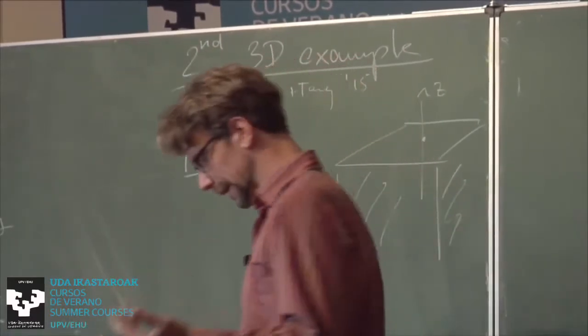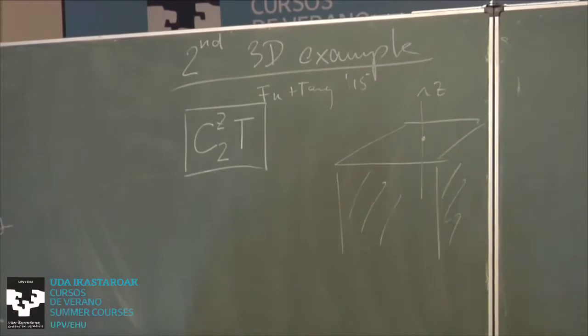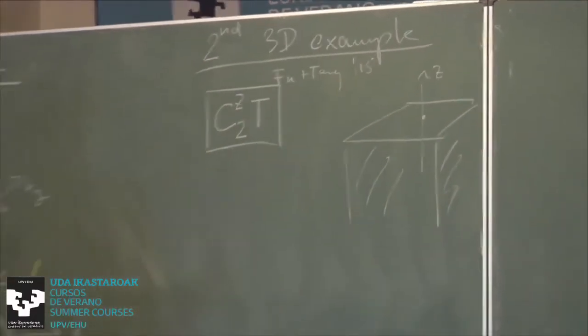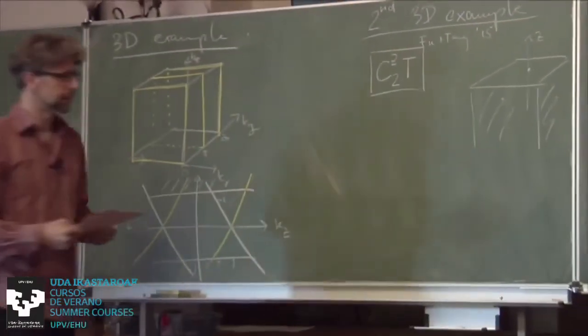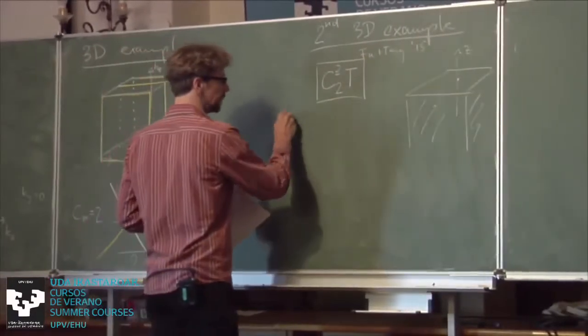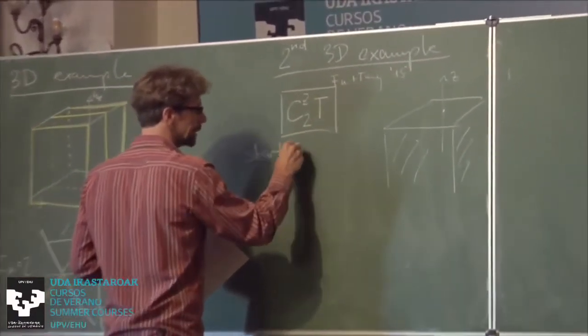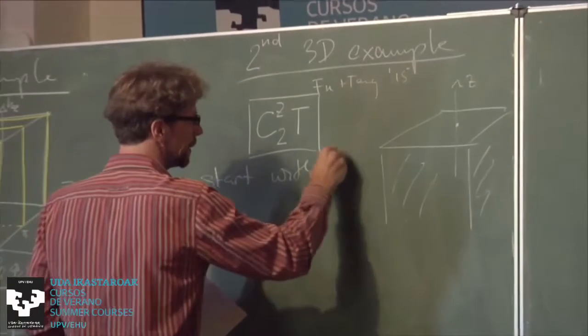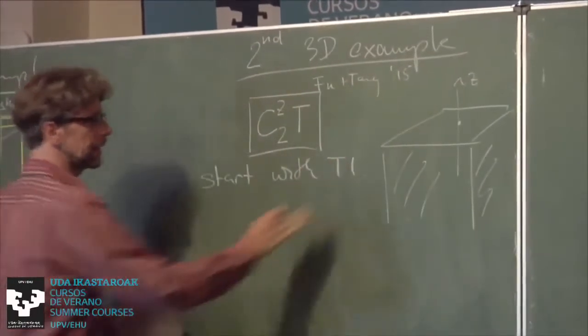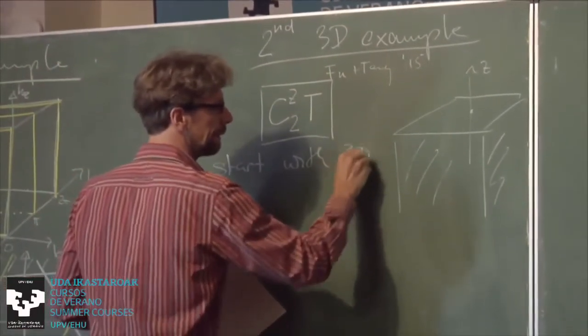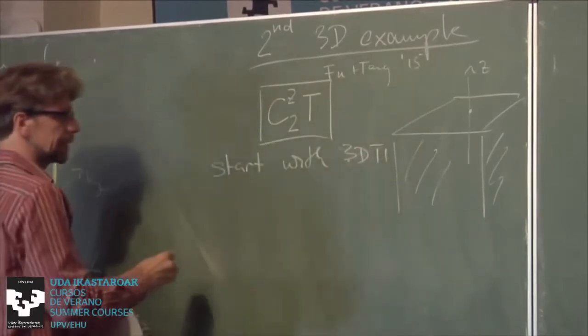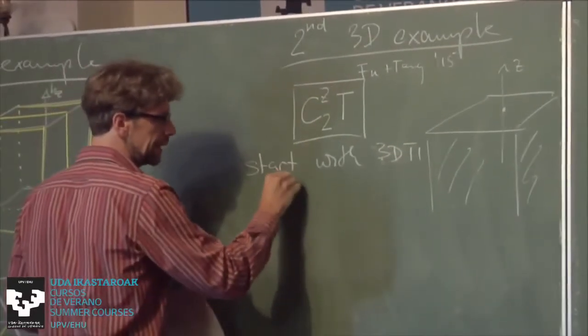But before I do that, I would like to motivate this by starting with a topological insulator. I want to start with a 3D TI that is T invariant.